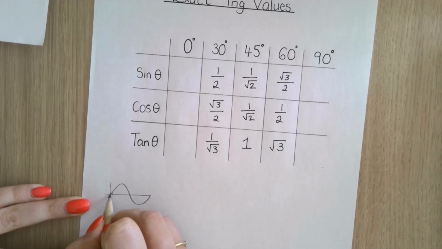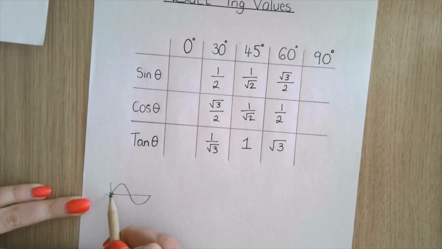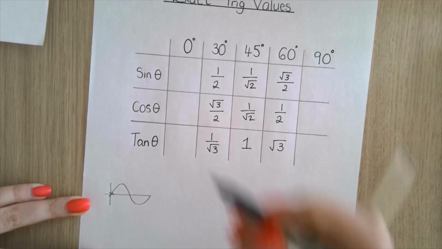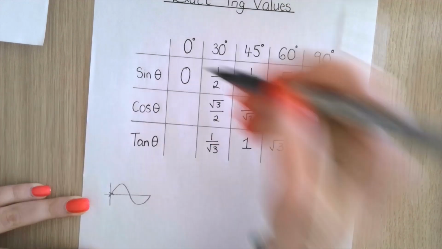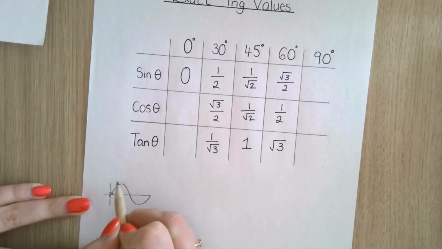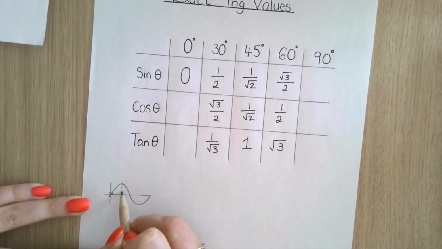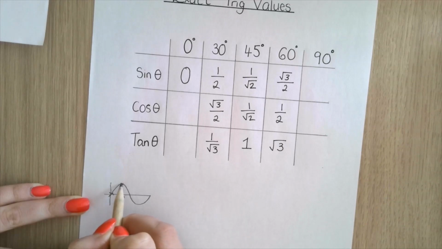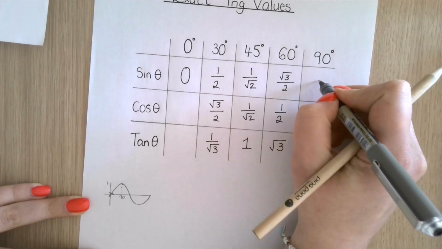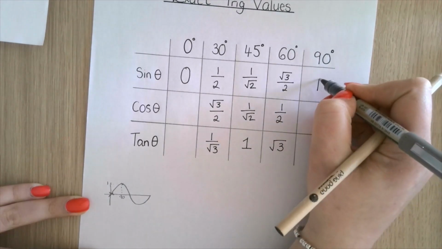I have got this value here, which is at 0, therefore sine of 0 is 0. Now this point here is where 90 is, and your maximum is at 1, so sine of 90 is 1.